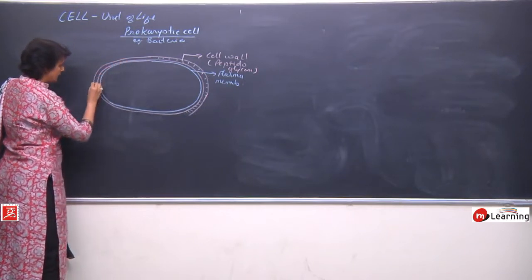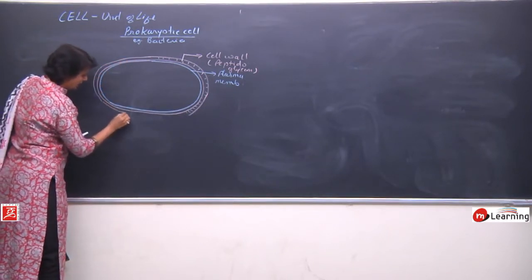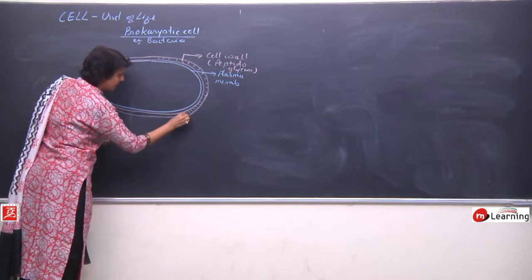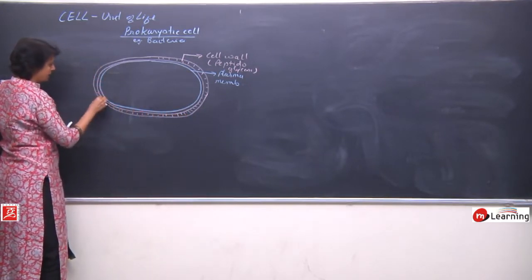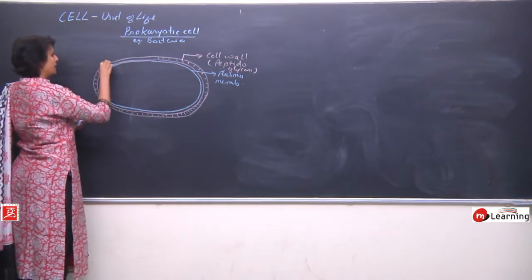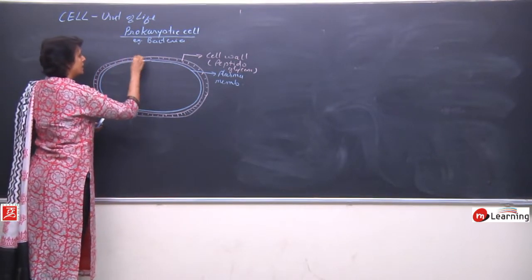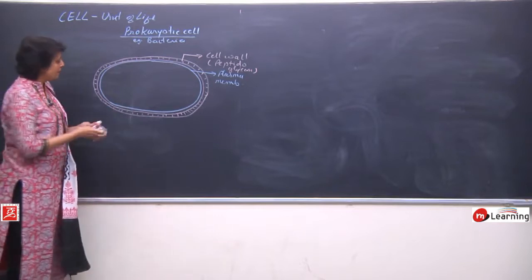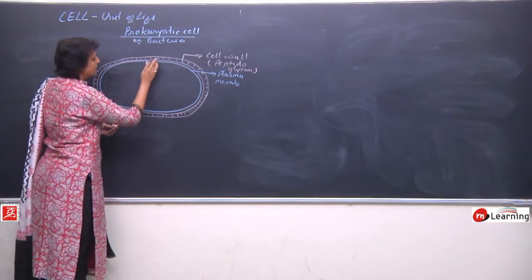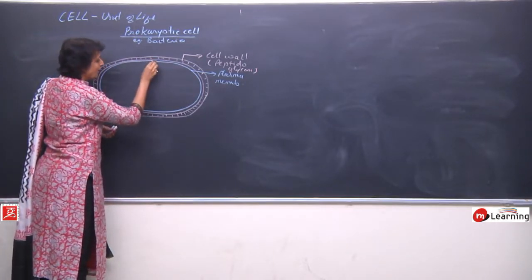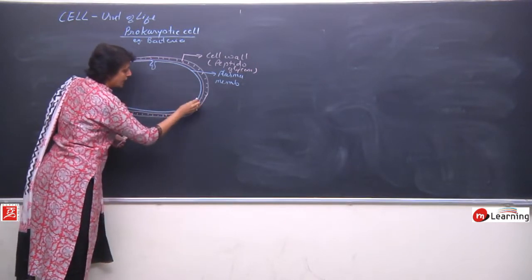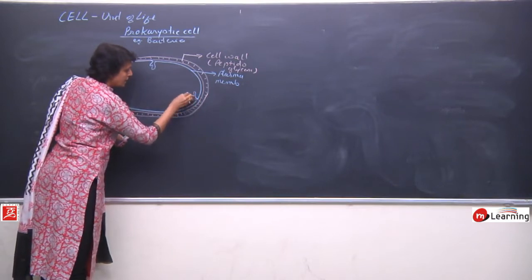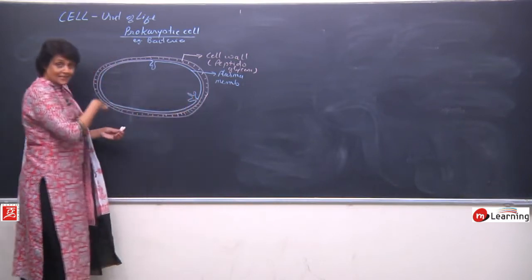Let us complete this cell wall. At certain places, we find that the plasma membrane is thrown into infolds. There are places where the membrane has foldings, but these foldings are on the inner side.